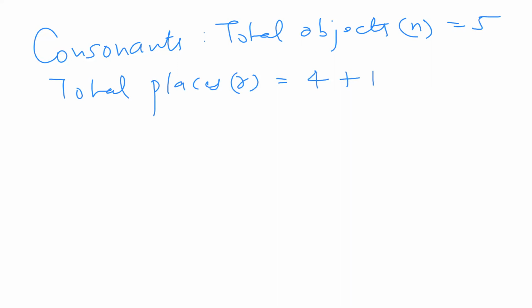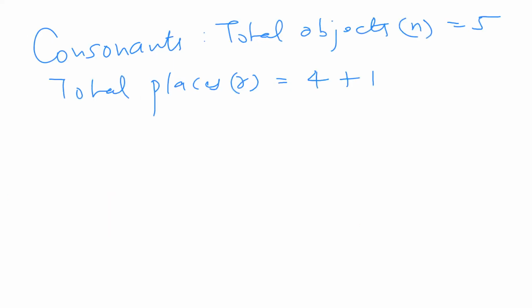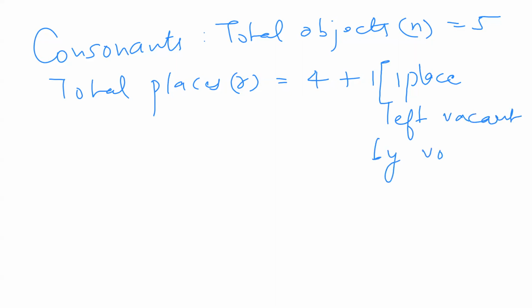Why I'm writing 4 plus 1 is because this is one place, second place, third and fourth places for consonants, and this place as well. So I'll write 4 plus 1, where I write besides 1 that one place is left vacant by the vowels. So this is also equal to 5P5, 5 factorial.